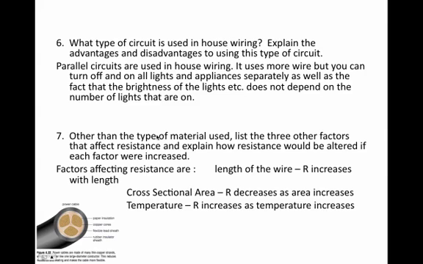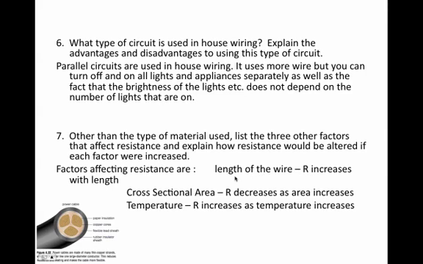And number 7, other than the type of material used, list 3 other factors that affect resistance and explain how resistance might be changed or altered. Well, here are the factors that we can use to control resistance and therefore the flow of electrons. The length of the wire.